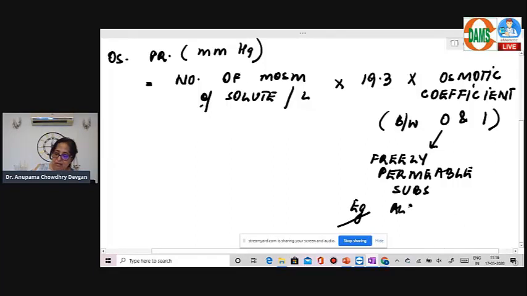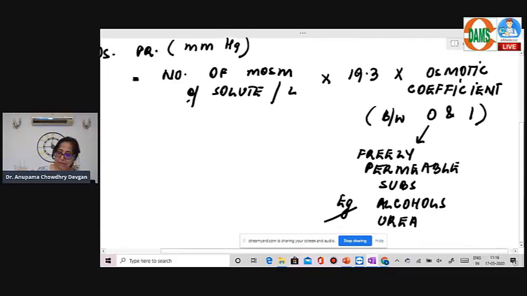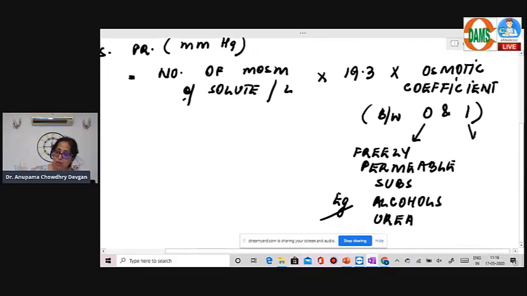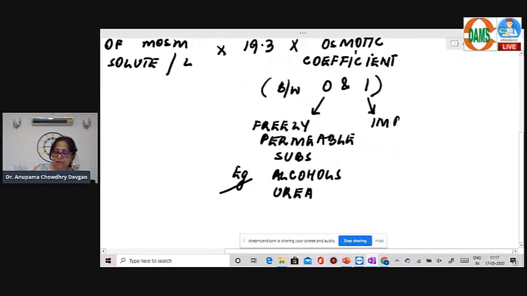For example, alcohols. Alcohols are freely permeable. Urea is also freely permeable. It is a slowly permeating substance, but this is freely permeable. And what is the osmotic coefficient of 1? This is for an impermeable substance. An impermeable substance will have an osmotic coefficient of 1.